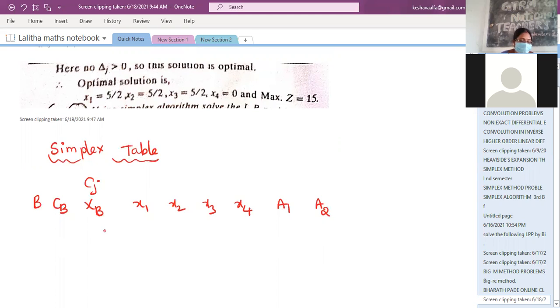Our objective function is maximum z equal to x1, so the coefficient of x1 is 1. Next, the coefficient of x2 is 2. The coefficient of x3 is 3.